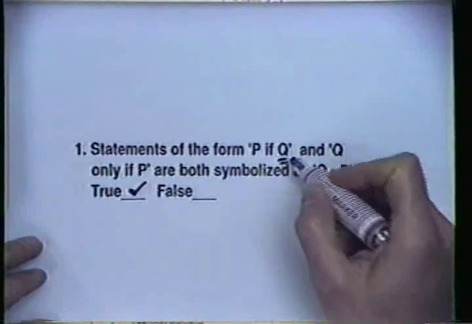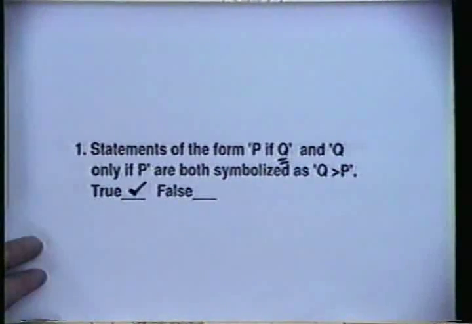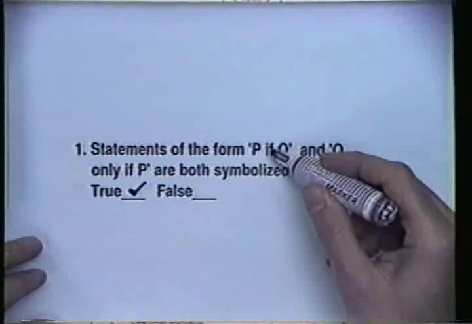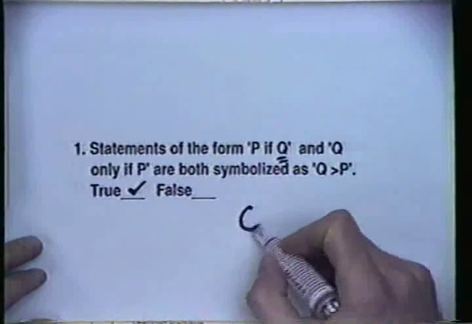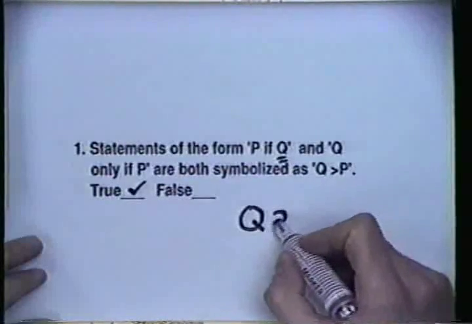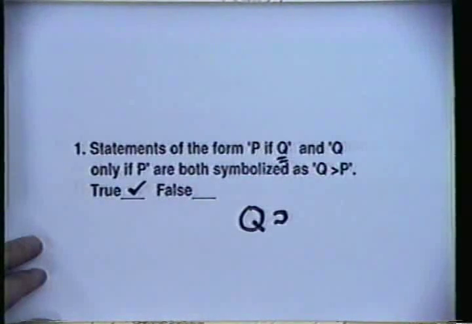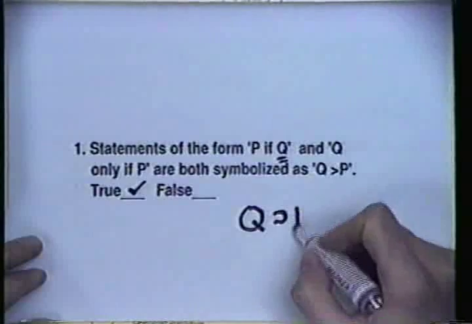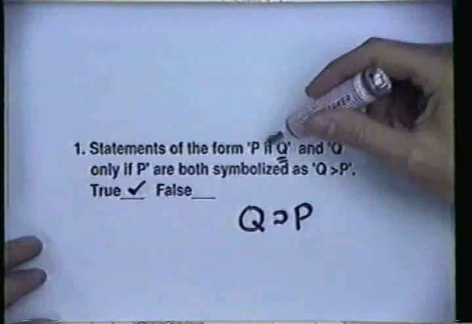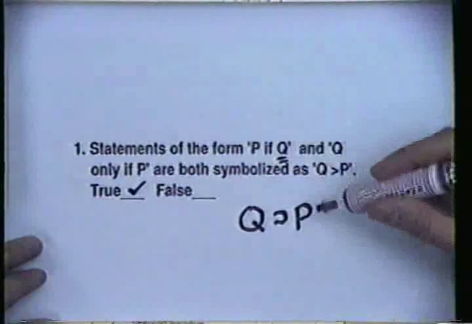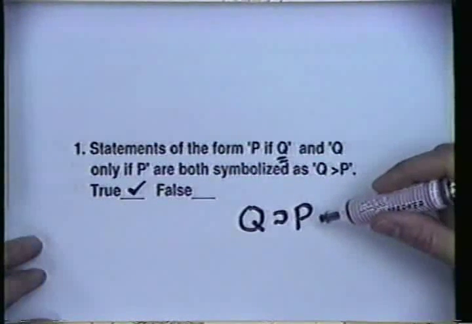The letter that follows an if, when the if stands alone, that is, when it's not preceded by an only, always is the antecedent or the first part of a conditional sentence. That is, it will come first before the hook symbol, followed then, in this case, by the P. So if we apply that rule of thumb to P if Q, we get the symbolization Q horseshoe P.